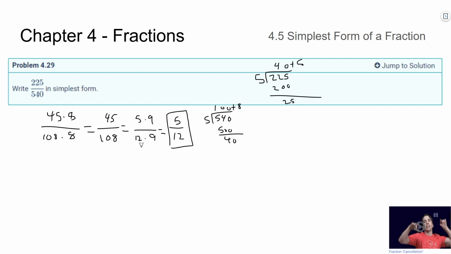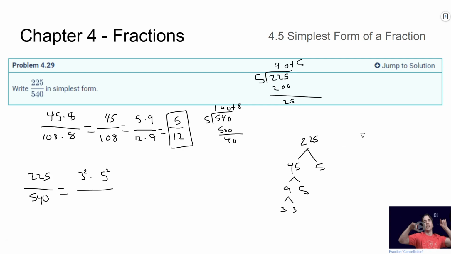Another way to do it is our prime factorization. If we broke 225 down, we know it would be 45 and 5, and 9 and 5. So 225 over 540, and 9 can break down to 3 times 3, so it would be 3 squared times 5 squared.